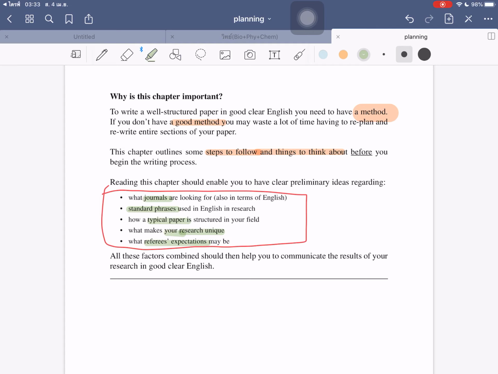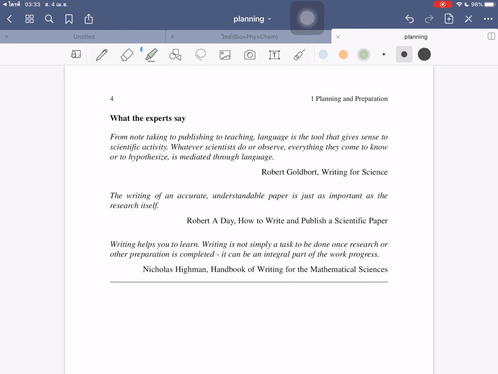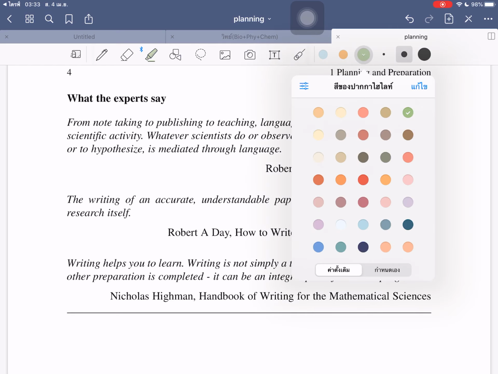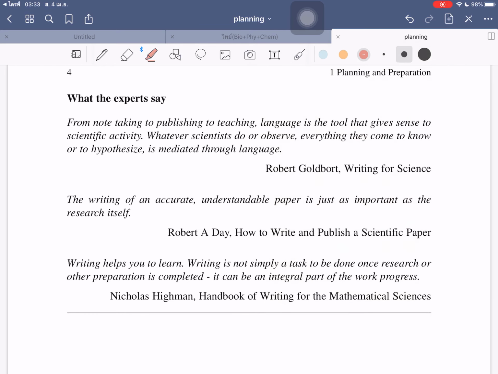Okay, let me go on to some key things that have been mentioned here. Right here it is talking about the importance of writing. It says that from note taking to publishing to teaching, language is the tool that gives sense to scientific activity.